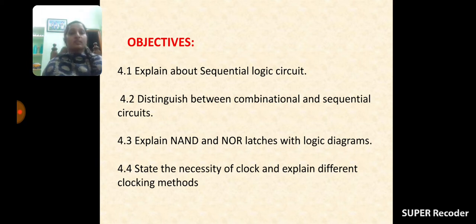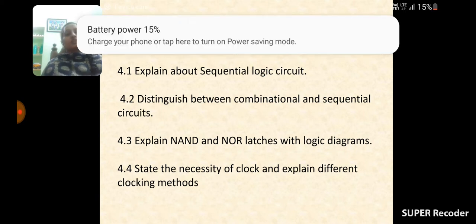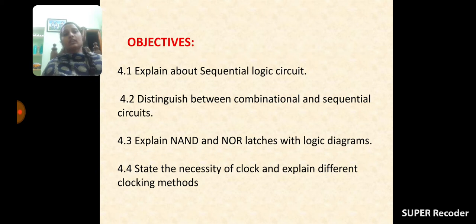All these are examples of combinational logic circuits, especially gates: basic gates, universal gates, as well as special gates, exclusive OR gate and exclusive NOR gate. In this way they provide the operation where the present output depends only on the present input.